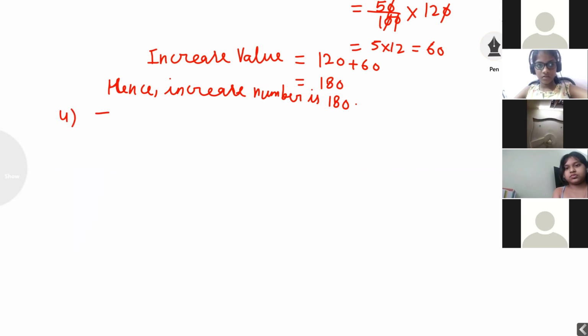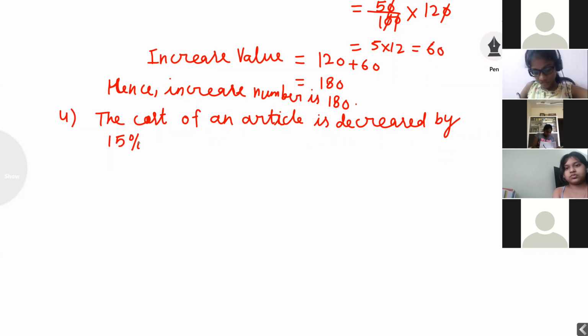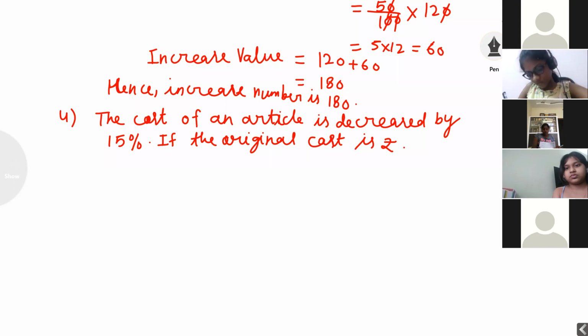The cost of an article is decreased by 15% if the original cost is rupees 80. Find the decreased cost.